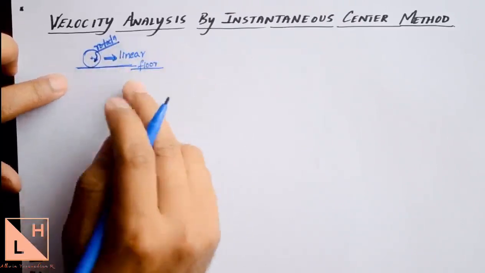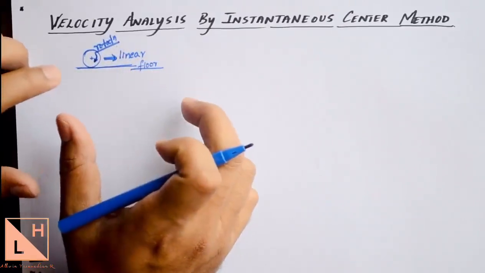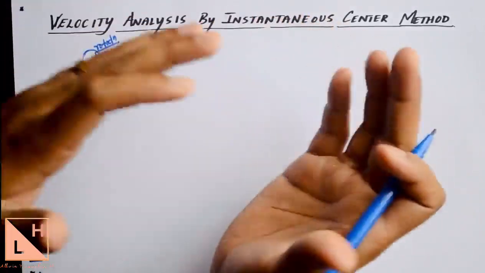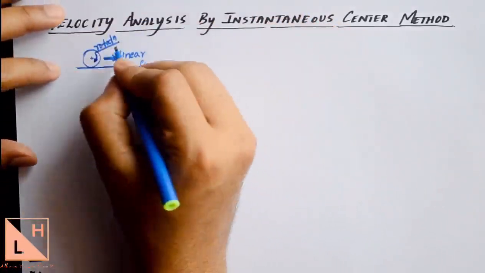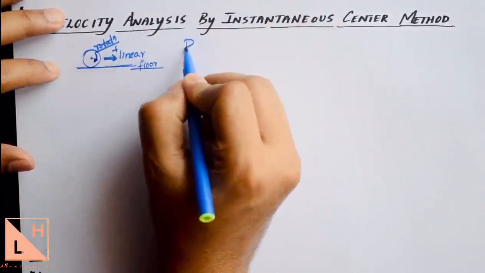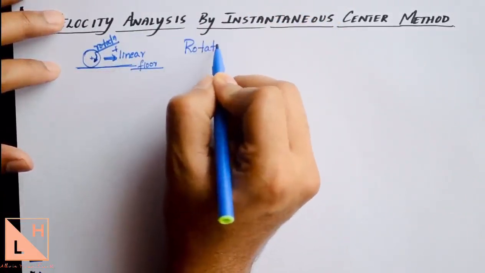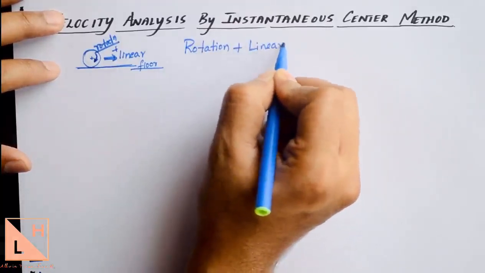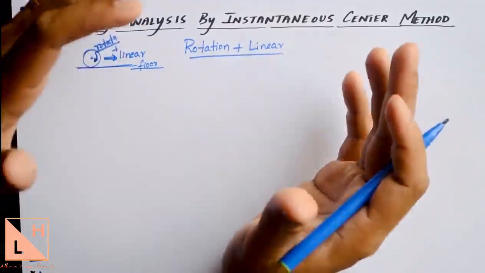Not just the wheel, any mechanism which has links with some motion will always have the combination of both motions. It will have rotational motion as well as linear motion. Both combined together will be the motion occurring in any scenario.